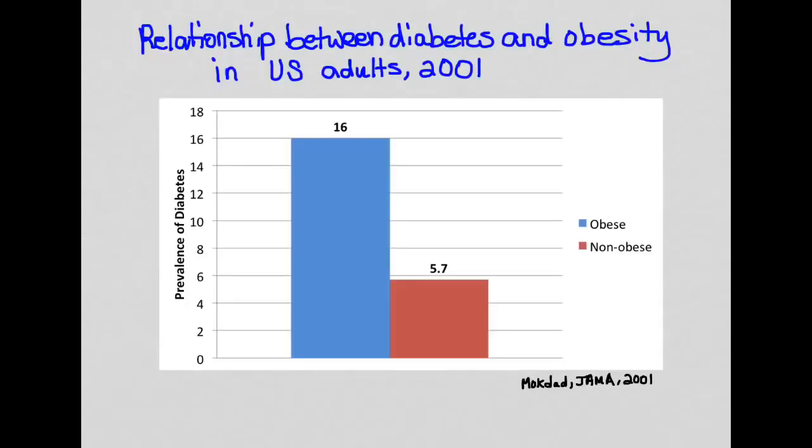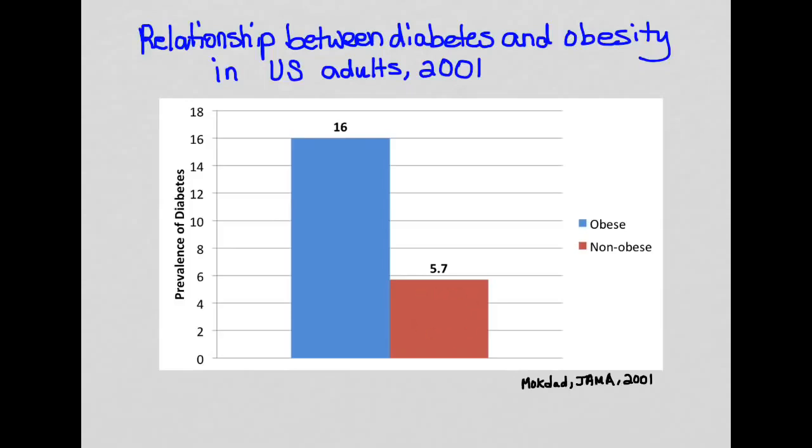Okay, so here's an example of a cross-sectional study that was published in JAMA. This is from 2001. And what this shows is the relationship between diabetes and obesity in U.S. adults. So it compares here the prevalence of diabetes among obese adults versus non-obese adults.